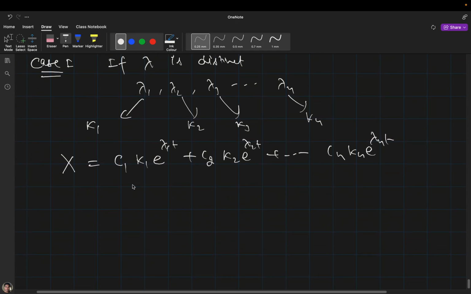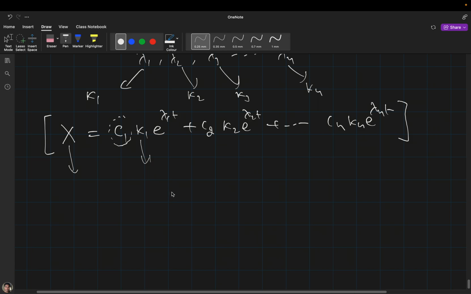You have to be very careful that this is actually a vector, because this is a column matrix and this one is also a column matrix. All these are column matrices, except this is a scalar and this is a scalar but a function of time t. So this is case 1. Let's solve one problem, then we will see how we are getting it.